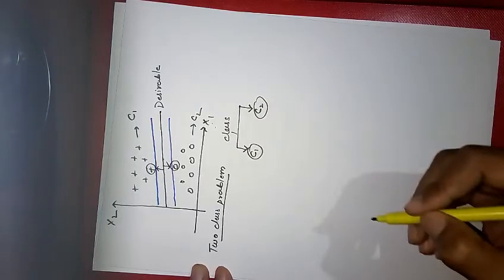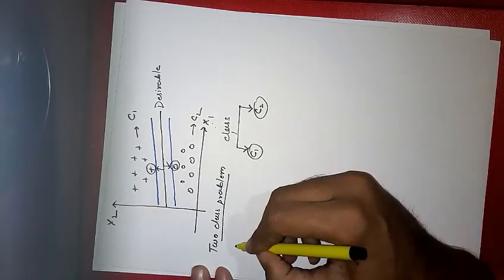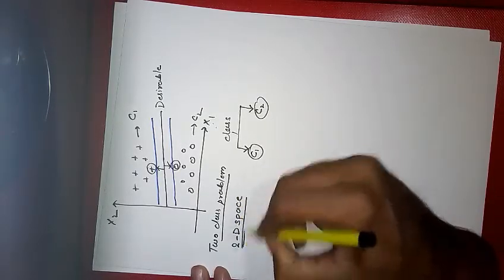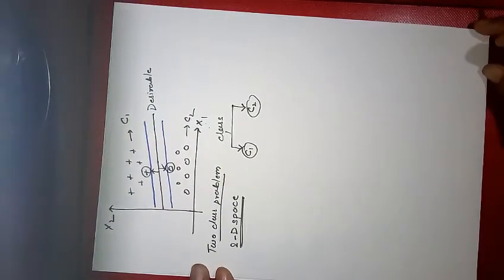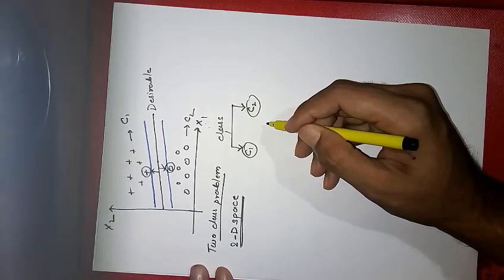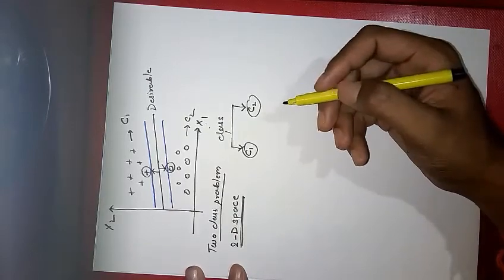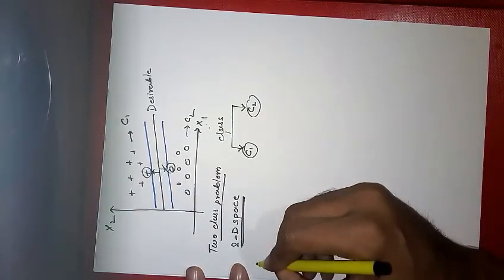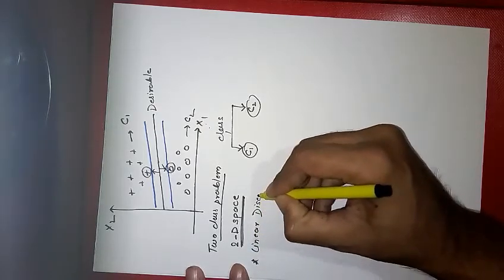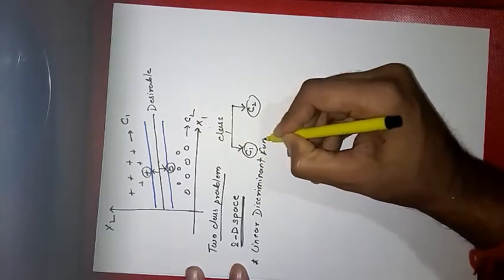If the scenario is for 2D space, in 2D space we have to classify the classes C1 and C2. So in this case we have to take a linear discriminant function.